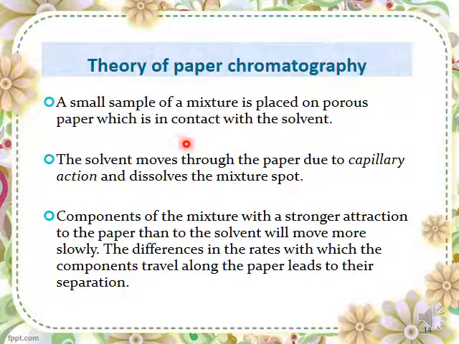This will be in contact with the solvent, which acts as the mobile phase, moving upwards through capillary action and at the same time dissolving the mixture. Those components that have stronger attraction with the paper will move slower, and those with low interaction will move faster.